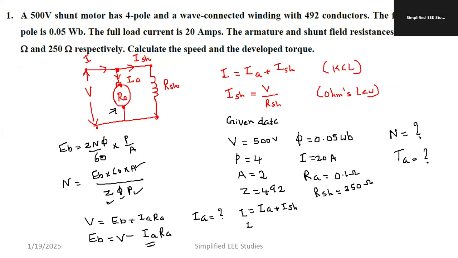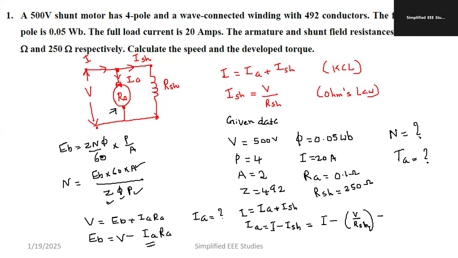From that you can calculate IA: IA is equal to I minus ISH. ISH is nothing but V by RSH. So we can write I minus V by RSH.